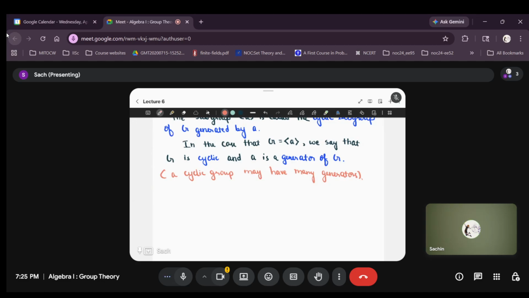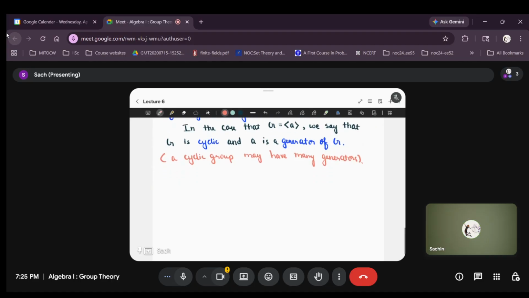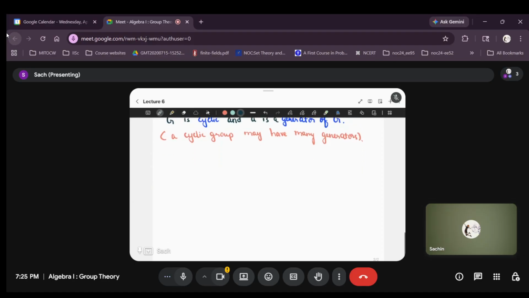Yes, A inverse would be a generator, and some other powers of A would also be generators. That will depend on the order of G and the order of A, the order of G, which is the order of A in the case it is a cyclic group. It will depend on the order of that element.